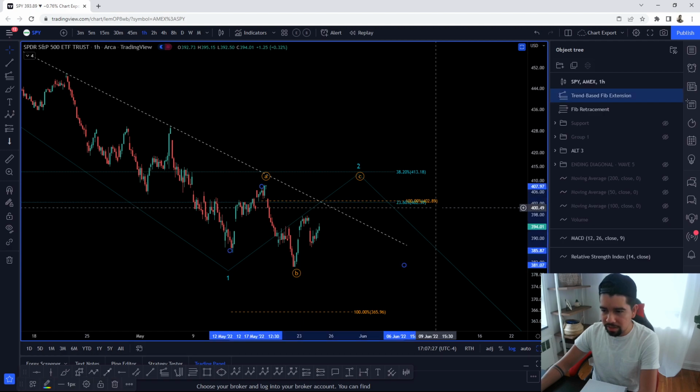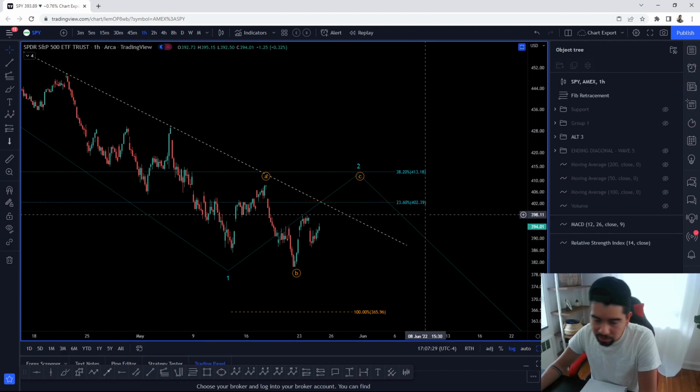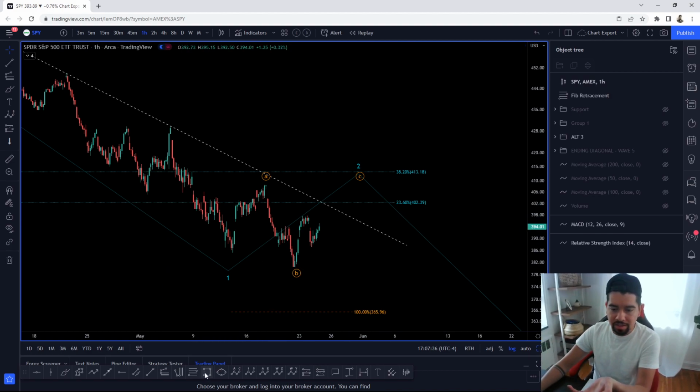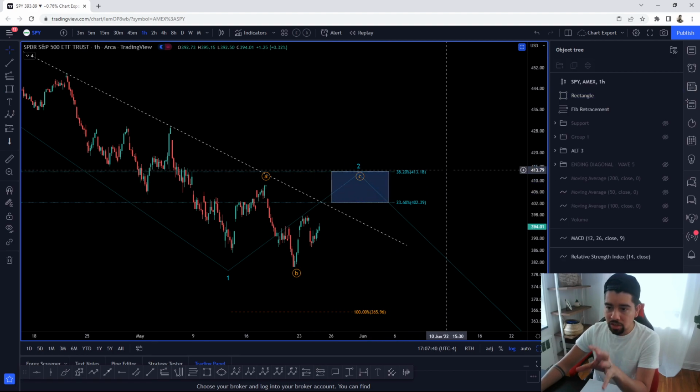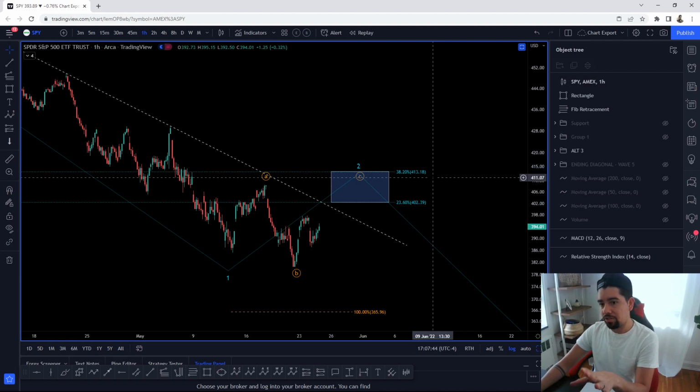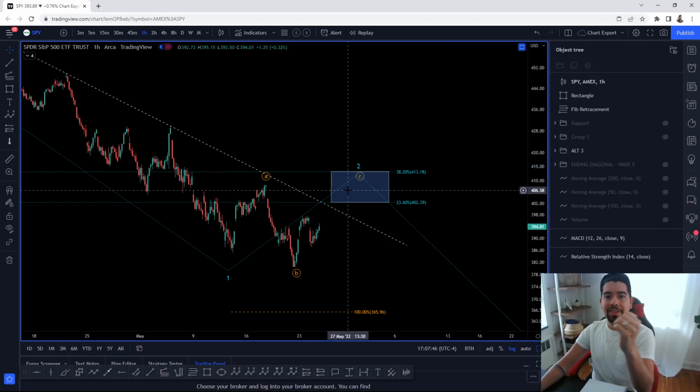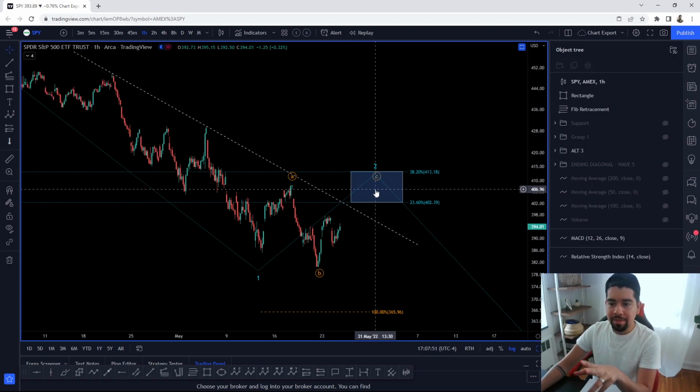It's 402, a range between 402.39 and 402.50. To be on the safe side, we'll just say this area. The blue box is where we will potentially see price action get towards, then reject and head on lower. Keep that in mind.